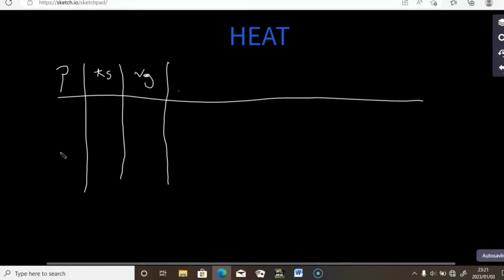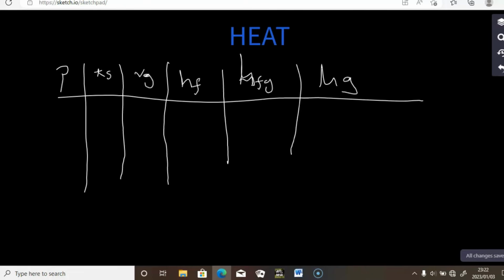We have HF, and then we have HFG, and we have HG. We don't need to worry about those others, SF and SFG, or SG. We are not using them at this point.